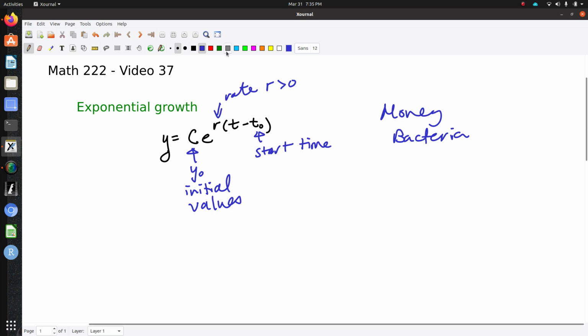Now, if you want to make this into exponential decay, it looks exactly the same, except that then the rate is going to be negative, and then you're not usually talking about money or bacteria, you're usually talking about half-life questions. So it's really the same. You're just moving in the opposite direction.